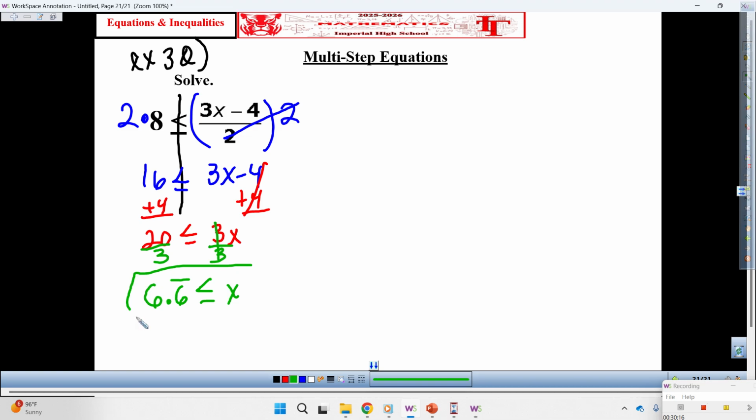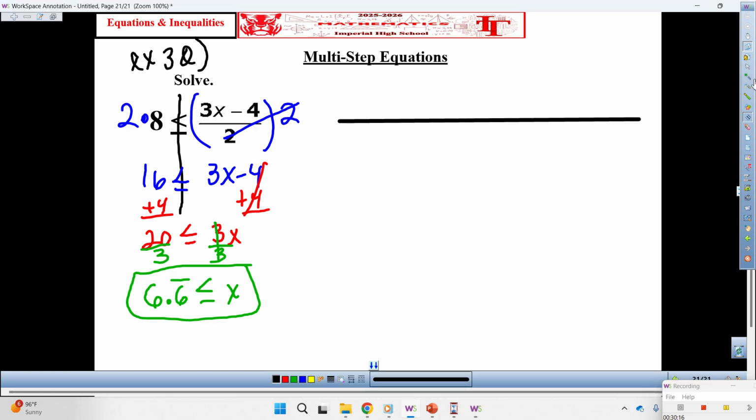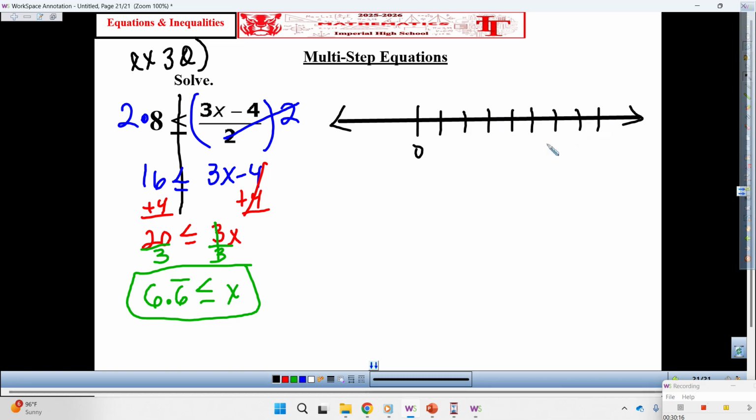Hands up if you got something like that. All right. Graph. Guide me through this one.